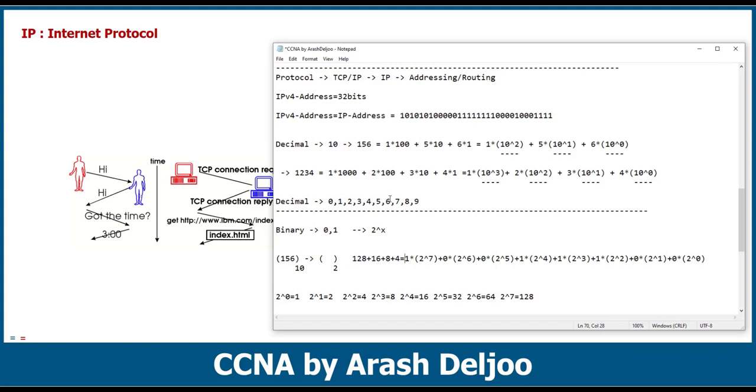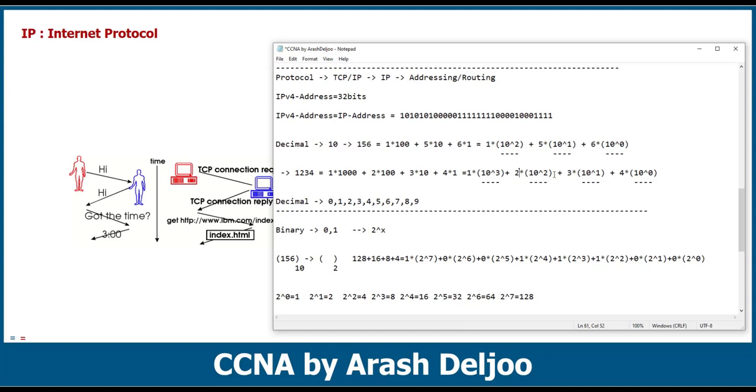When we are using the decimal, we use these values. Okay, for the decimal value 156, the factors of the power of tens are 1, 5, 6.